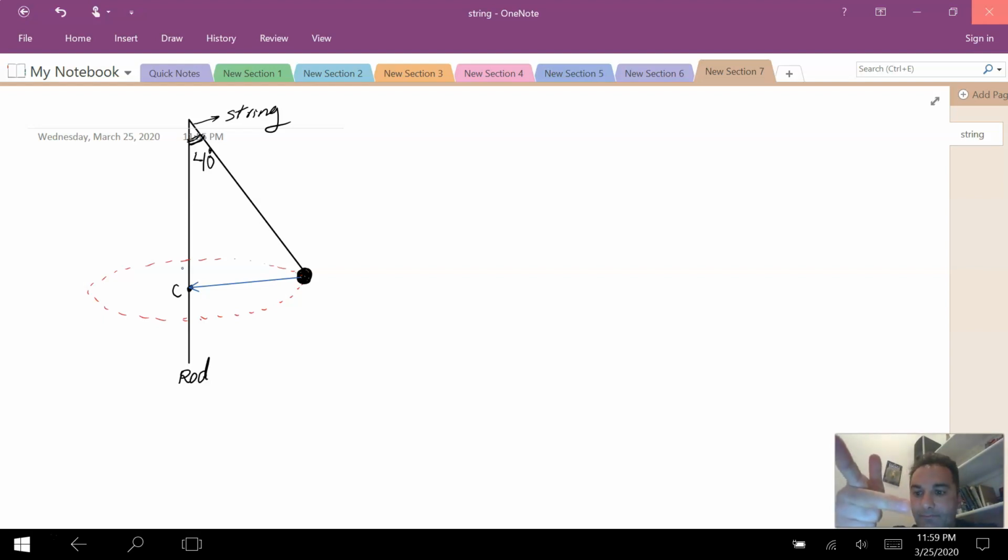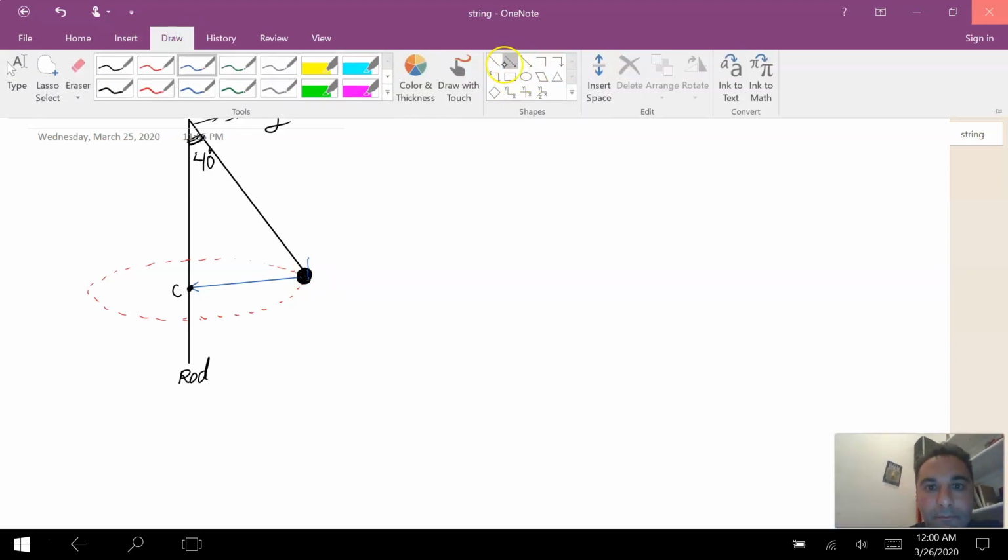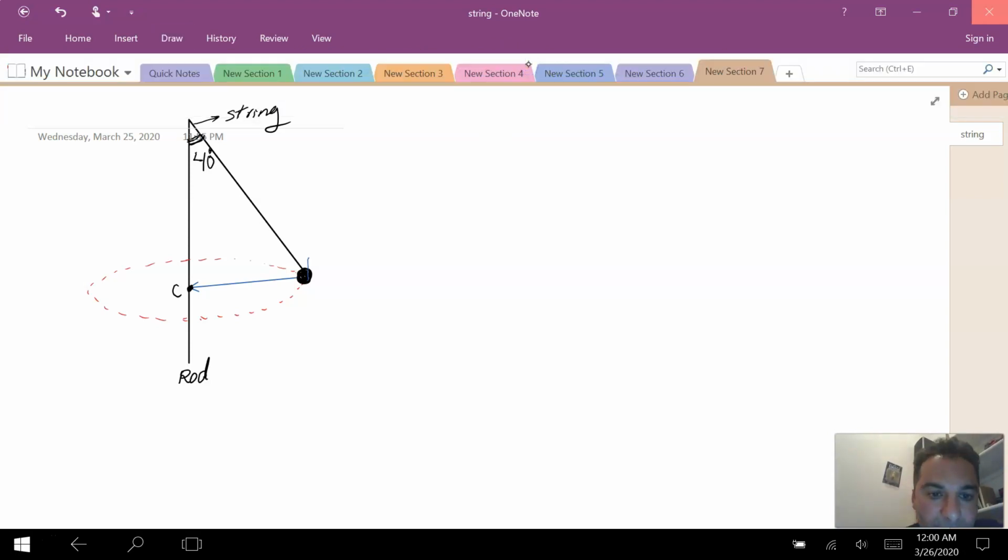And remember R, T, Z. And what is Z? Let me draw it in this color, okay? And what is Z?